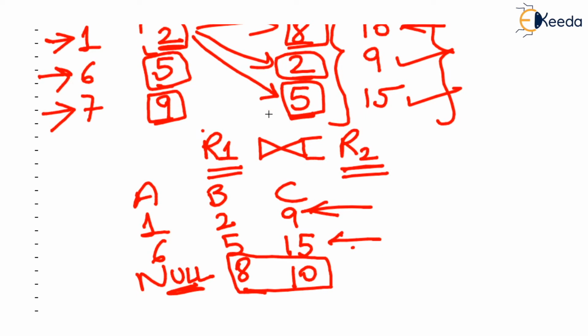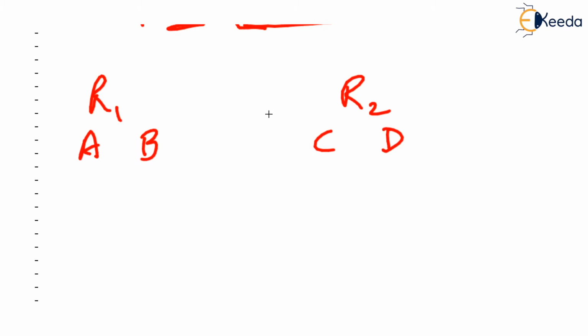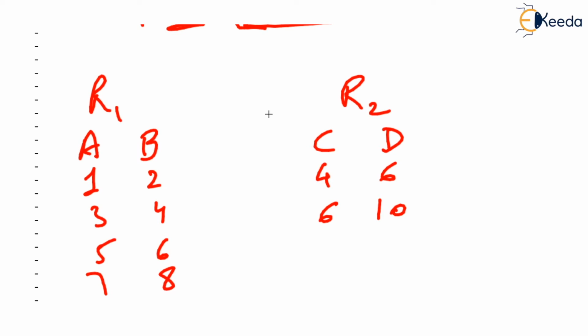Let's have one more example very fast. Let's say R1 and R2 are the two tables and we have A, B, C, D. This time I am not taking any common column and the values are 1, 2, 3, 4, 5, 6, 7, 8. And the values of C are, let's say 4, 6, then 6, 10, then 10, 15, and 11, 29.